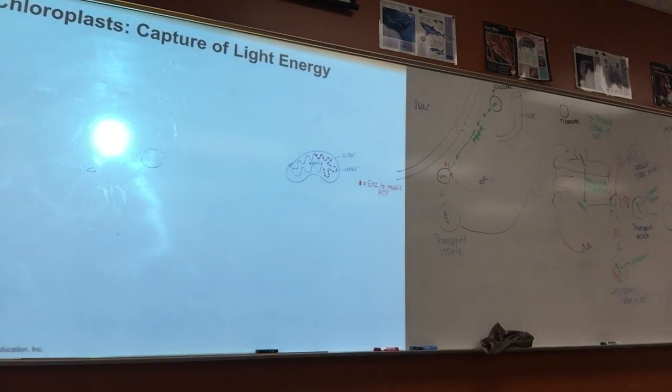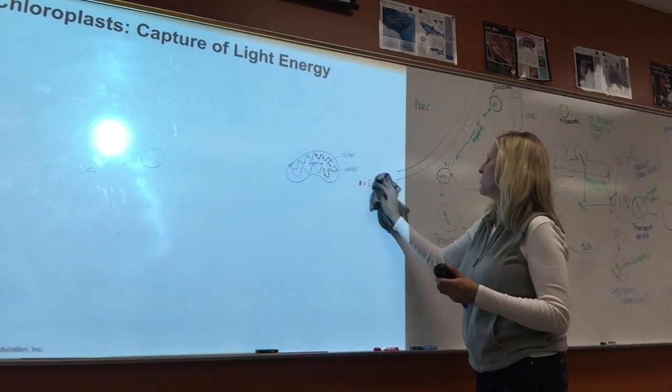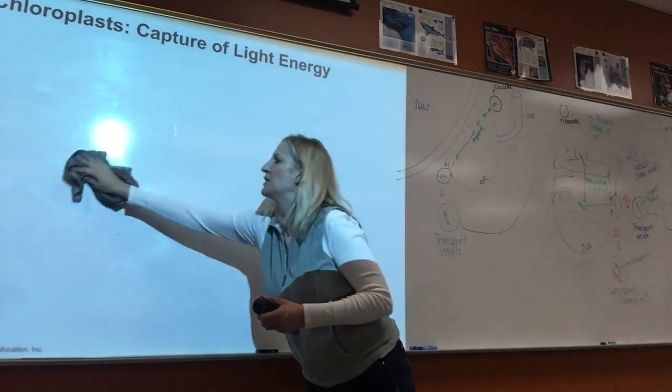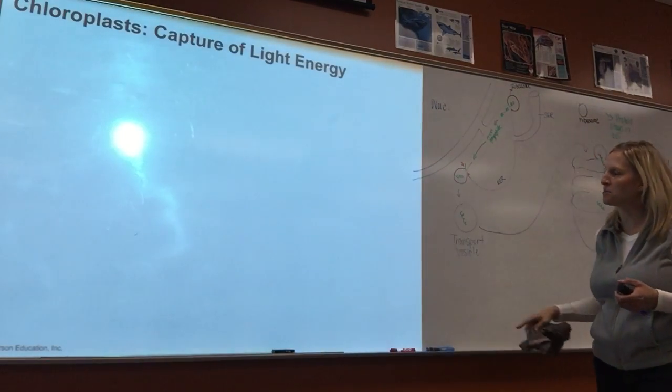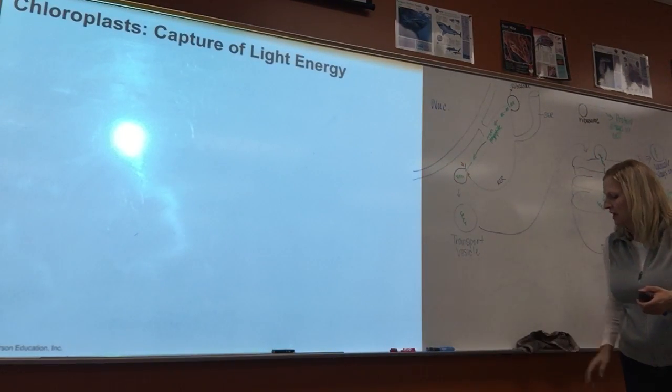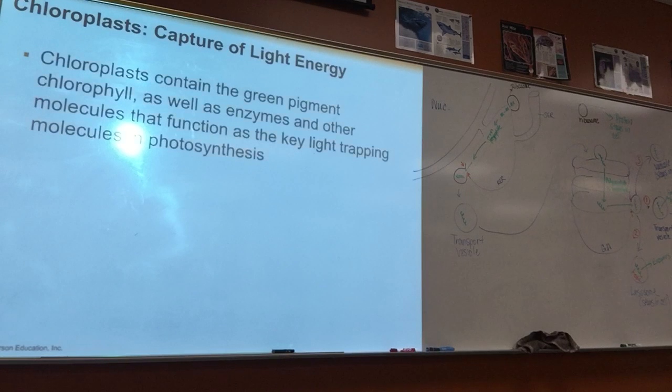And that's the mitochondria. So the chloroplast does the opposite reaction, which is photosynthesis. It captures light energy. And how does it do that? If you recall, they have a pigment called chlorophyll. Remember that? Pigments, what they do is they absorb certain wavelengths of light. So the chloroplast contains chlorophyll, which to our eyes appears green.